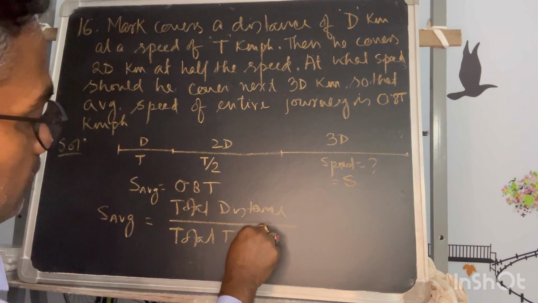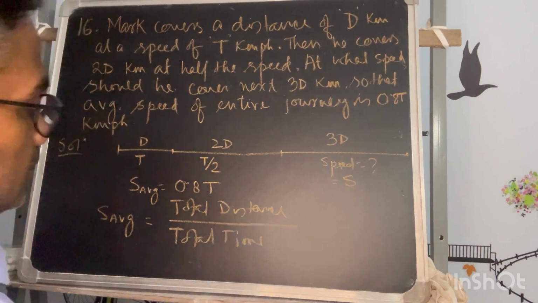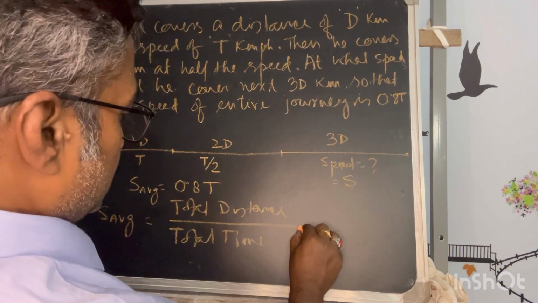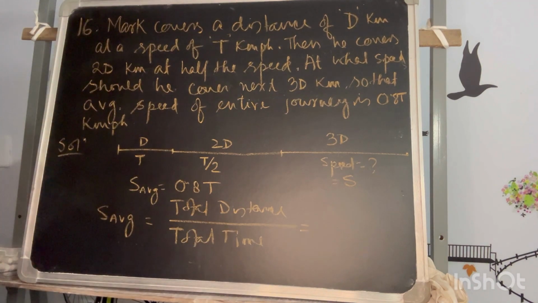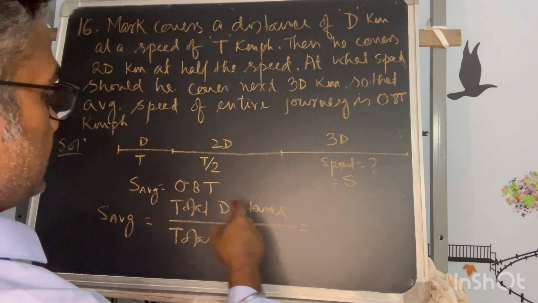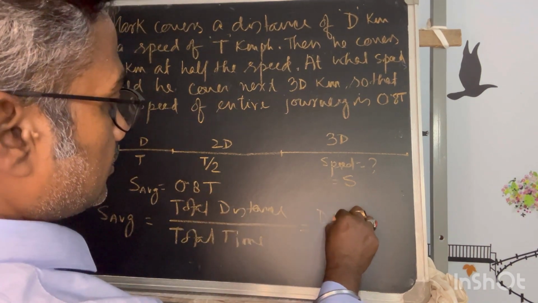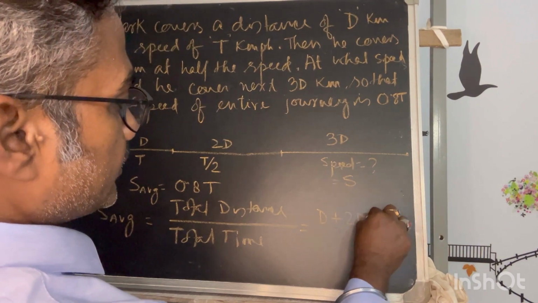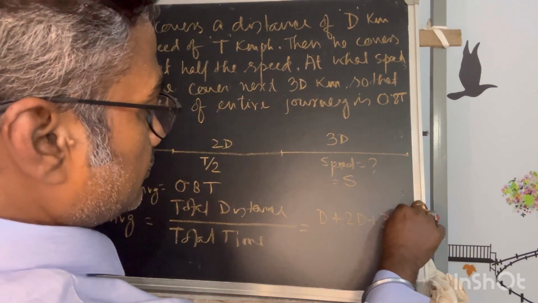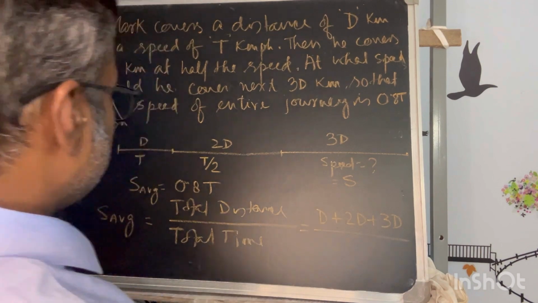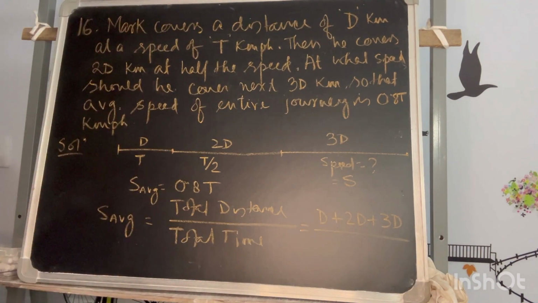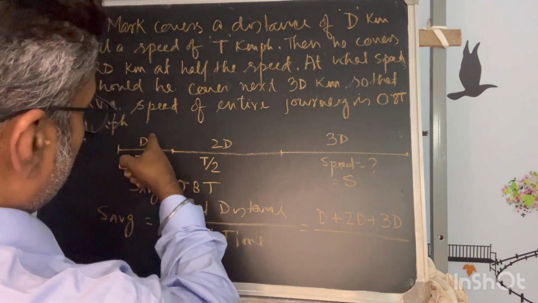This is the only equation for average speed. Total distance here is d, 2d and 3d. There is no ambiguity, because these are the three segments it is covering. Now, how will I calculate the total time?